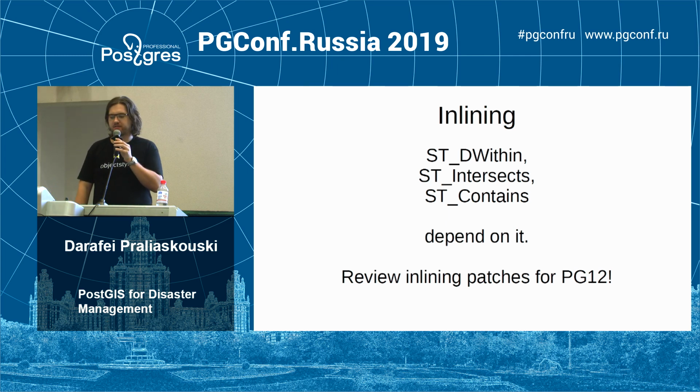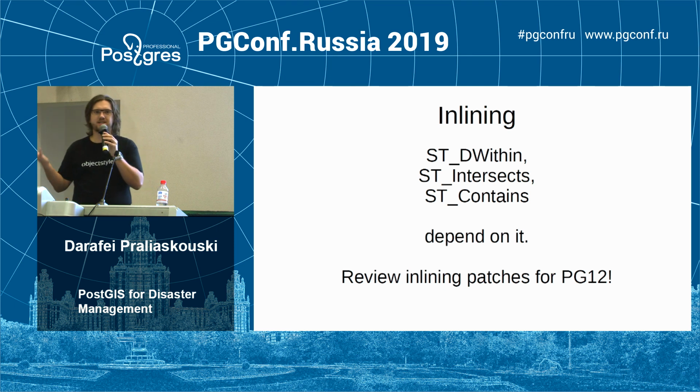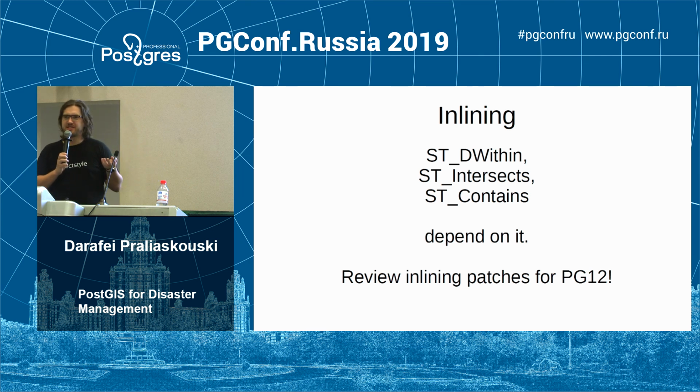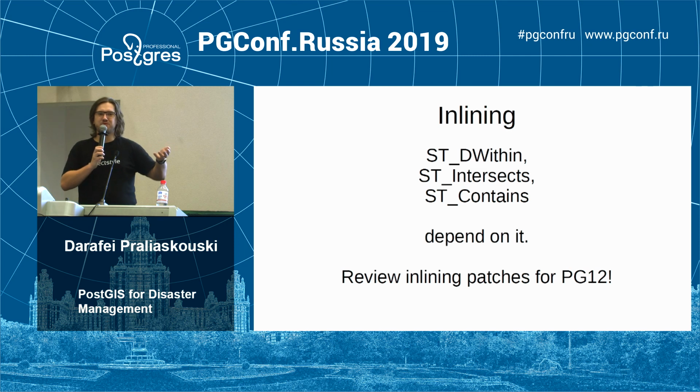PostGIS has another problem. There is only one way to use Postgres indexes, and it is to make an operator accelerated by an index. But the SQL standard for geodata defines that functions must be used for it.